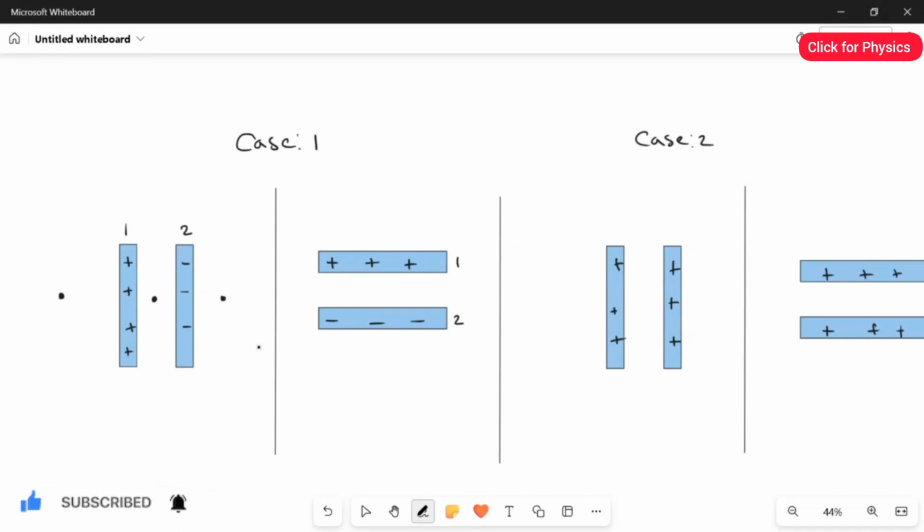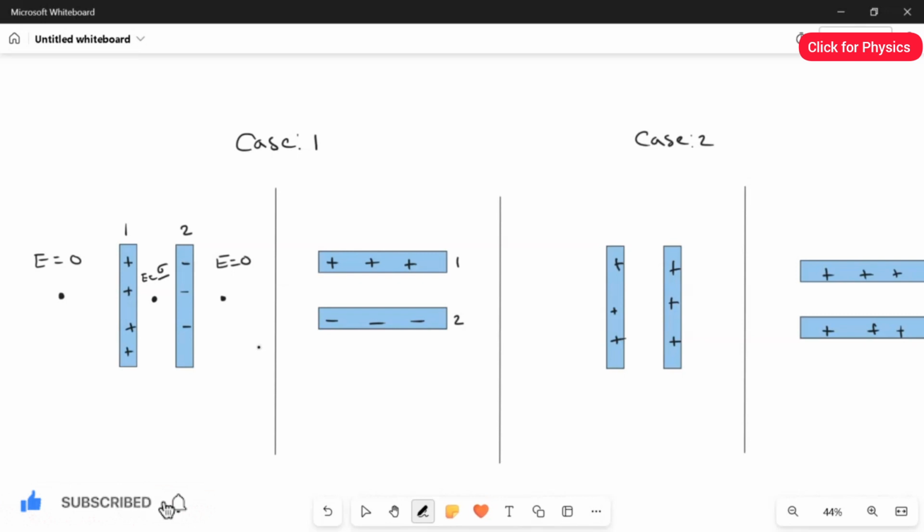From the formula for electric field on the left hand side of plate 1, we have E equal to 0. Likewise, on the right hand side also we get E equal to 0, because we studied this formula in the theory.